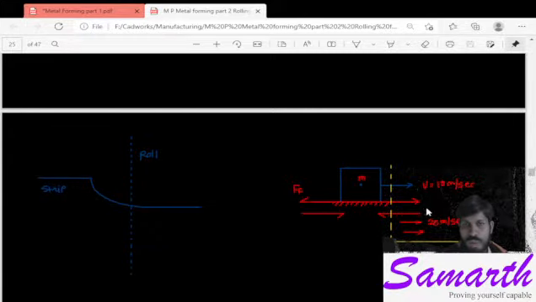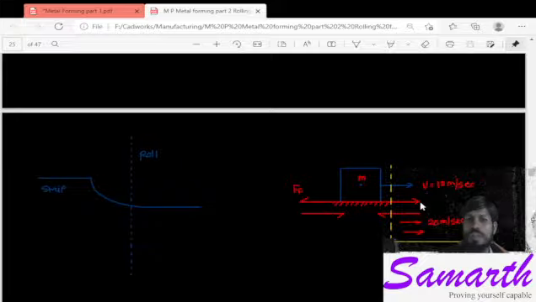Because the surface is moving in this direction, the frictional force on the surface will be in the opposite direction, and on the block the frictional force will be in this direction.